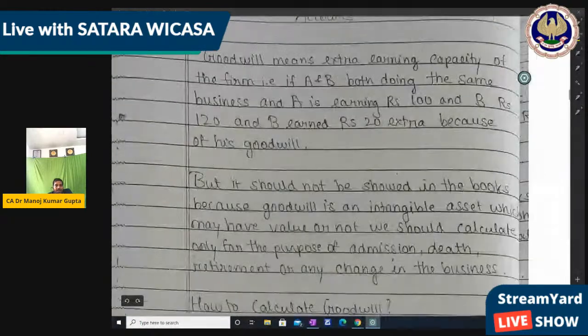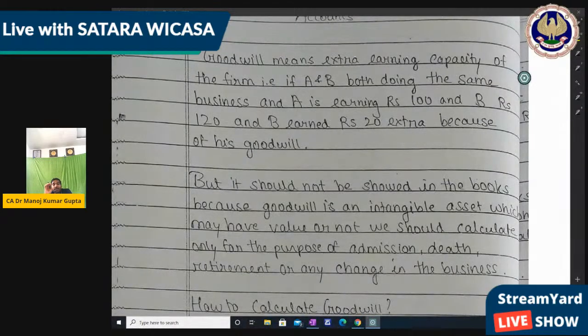But it should not be shown in the books, because goodwill is an intangible asset which may have value or not. We should calculate it only for the purpose of admission, retirement, death, or any change in the business. But we should not show goodwill in the books.